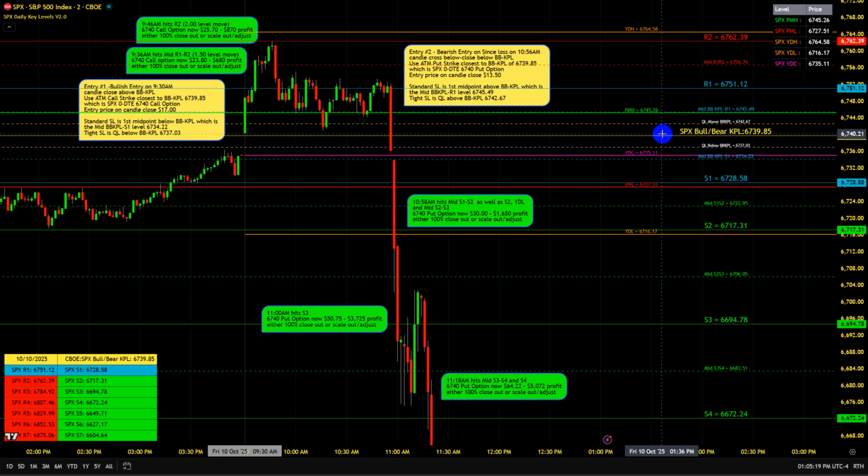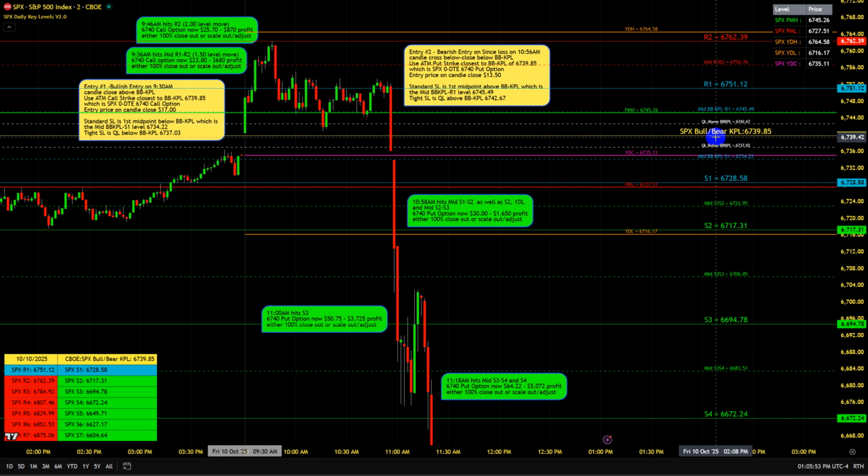And then for trades that are taken off of this level, that are taken off and derived from this level, your levels above the bull bear KPL are your take profit levels for bullish trades taken off of this level, and the main levels below the bull bear KPL are your take profit levels for bearish trades taken off of the bull bear KPL level.